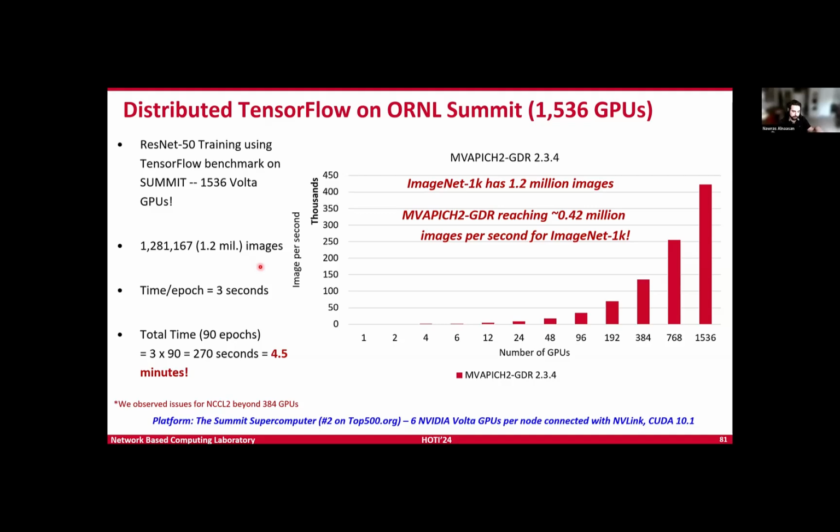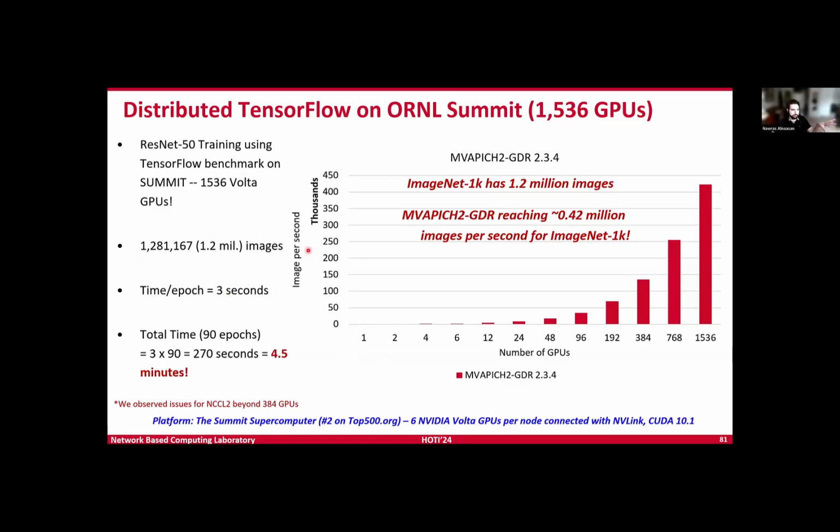Earlier we saw that we get around 350 images per second on a single GPU. So you can imagine how long it would take for a single GPU to run on this entire dataset. And keep in mind that we need to run this for 90 epochs, so we need to run on the entire dataset 90 times.